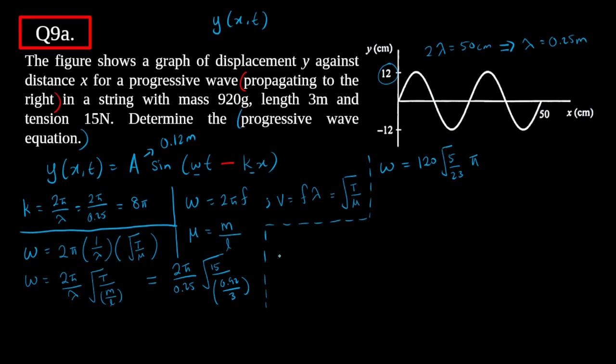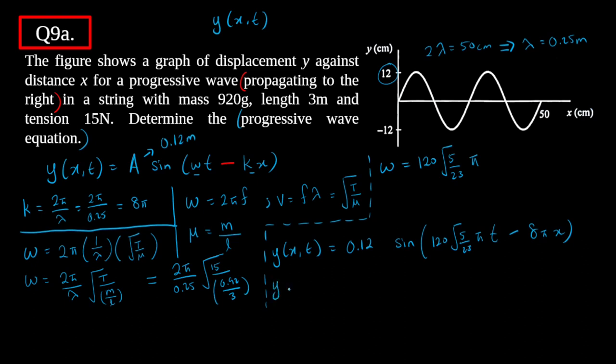So our progressive wave equation is going to be y(x,t) equals 0.12 sine, and then I'll have omega t, so that is simply the square root of 125 over 23 multiplied by pi, times t, minus 8 pi x. This is the exact form.